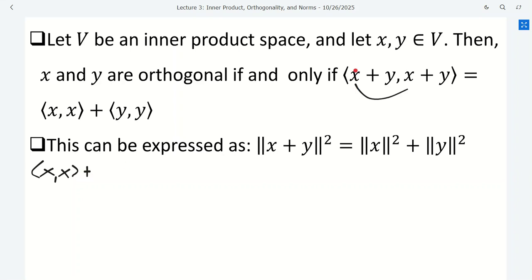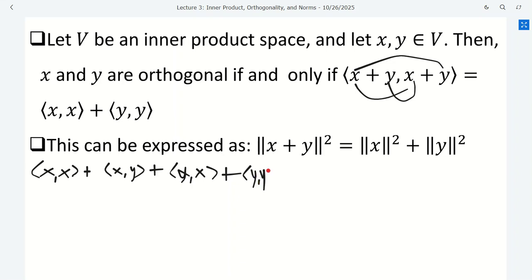Then this will also multiply this, which gives the inner product of x and y. Then this will also deal with the x over here, which gives the inner product of y comma x, and we also deal with the y, this y.